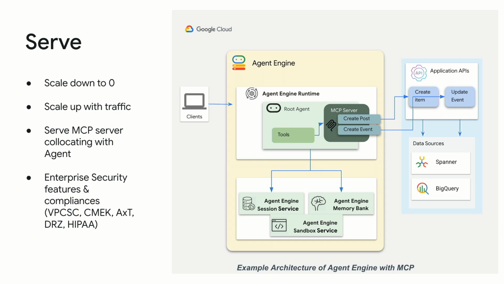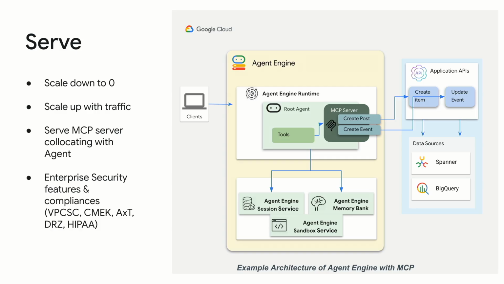When your agent is served on Agent Engine, you get a fully managed, production-grade runtime. This means that it can scale down to 0 to save your cost, or scale up with your traffic automatically. It is built with all the enterprise security features you need, such as VPC-SC, CMEK, data residency, access transparency, and HIPAA compliance.